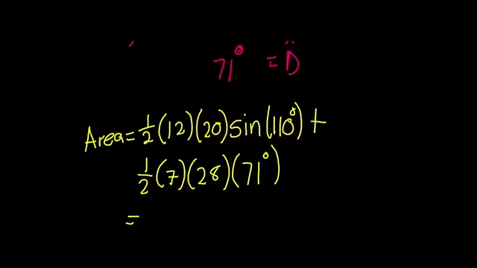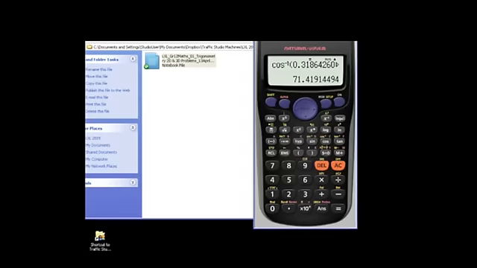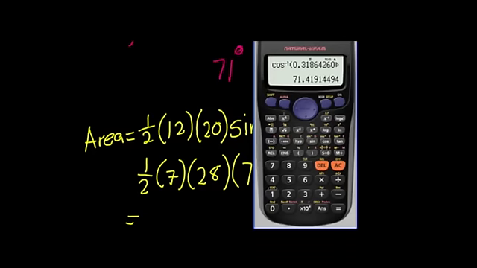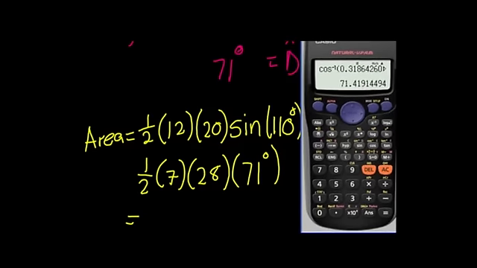Right, so let's bring that up. It's going to be a half, or 0,5, multiplied by 12, multiplied by 20, multiplied by sine of 110, and we are adding it to the bottom triangle, which is a half, or 0,5, multiplied by 7, multiplied by 28.